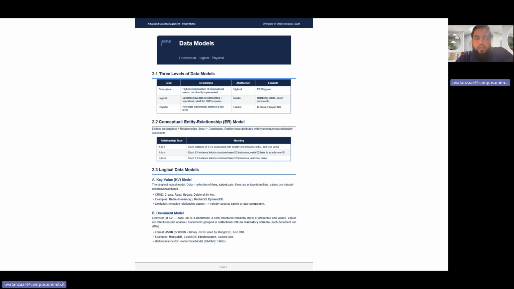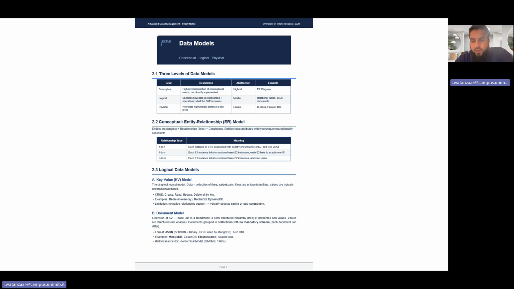The main difference from the document model, which we will see further, is that the key value model is the simpler one: the values are unstructured or untyped, so you can insert any type of data. CRUD is basically the operations create, read, update, delete, all done by key.